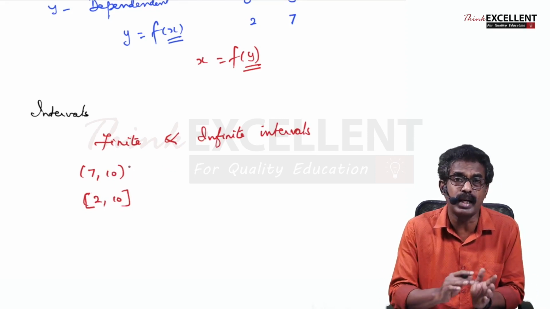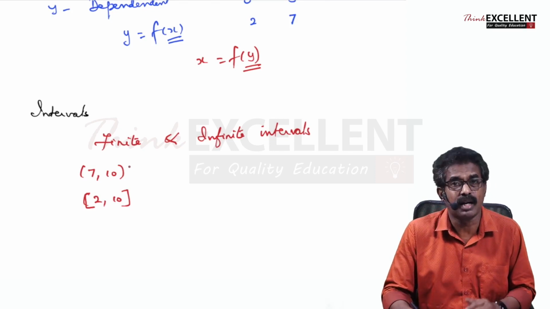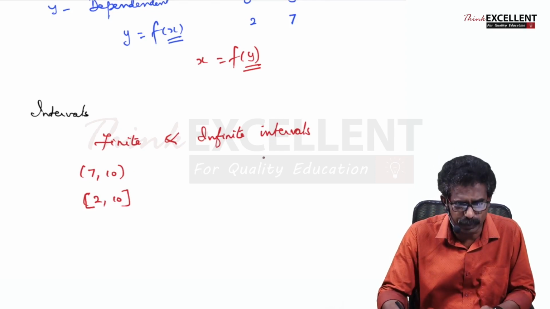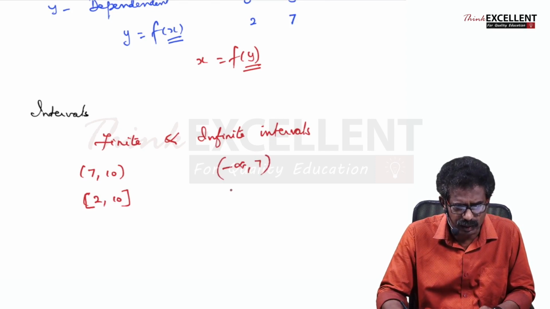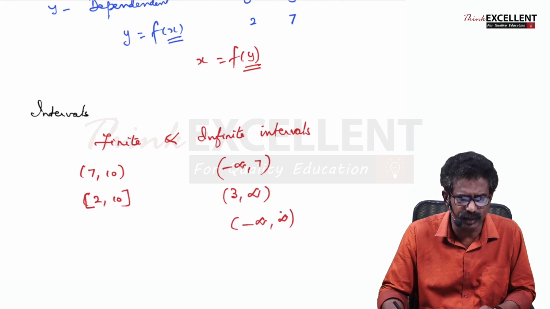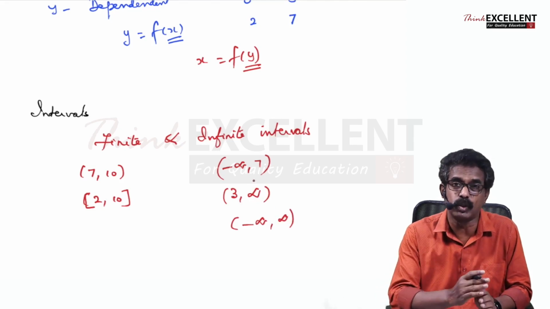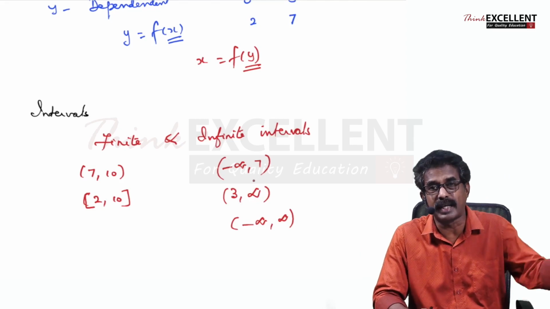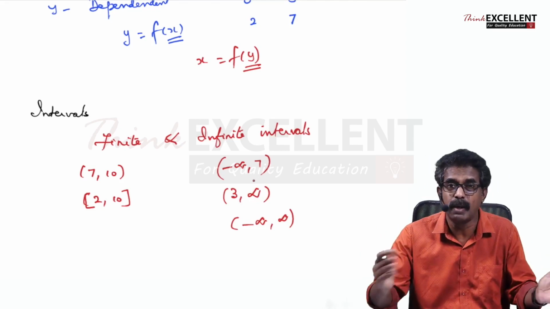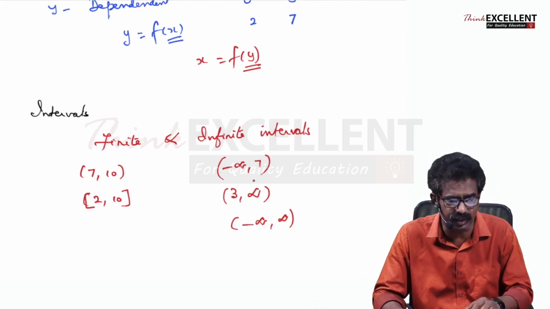Infinite interval means one end must be infinity or minus infinity, or both. It may be minus infinity to 7, or 3 to infinity, or even minus infinity to infinity. All these are infinite intervals. So these are different types of intervals.